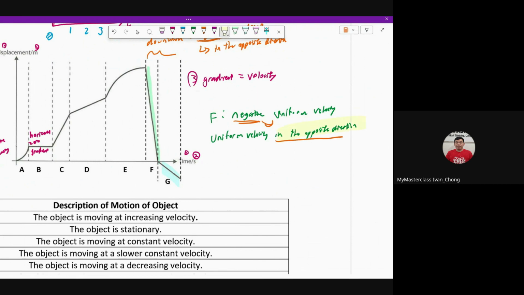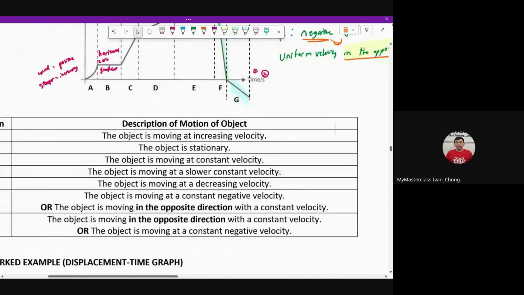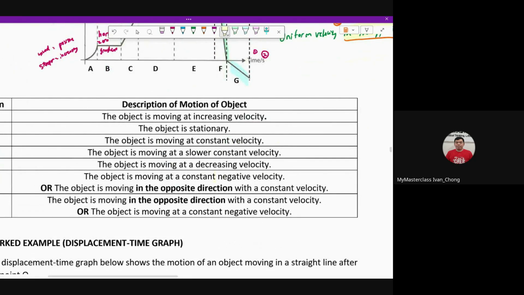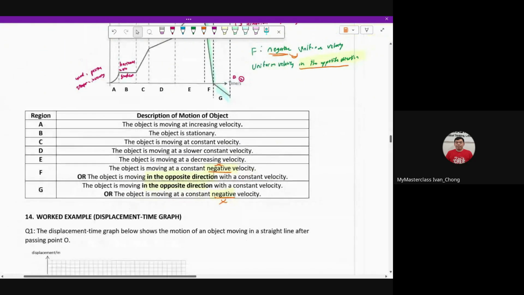So basically, negative will become this phrase instead. So always use this phrase whenever you are dealing with negative velocities. We use this instead of this. We try not to use the word negative wherever possible, unless you've really forgotten how to phrase it.